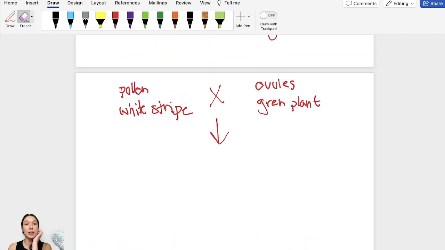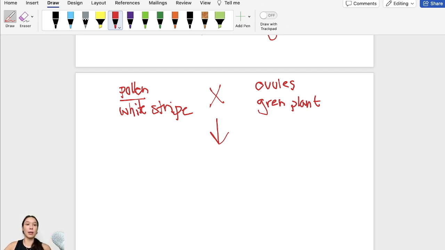So given the fact that this mutation is inherited mitochondrial DNA, it's going to go based off what the mother is. So for this one, you have pollen versus ovules. This is a difficult question, I will say, if you're a little bit lost.